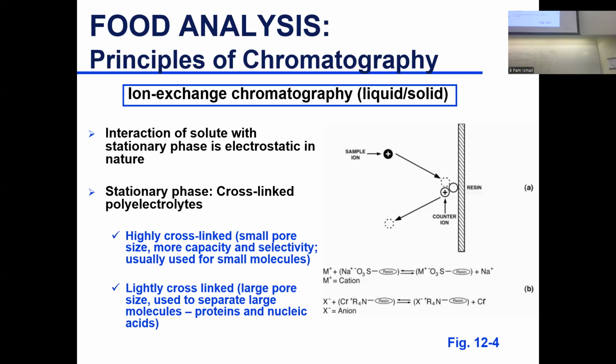All right. In cation then now, what's the charge of your stationary phase? Negative. So in cation exchange, it's the opposite. These will be positively charged, and now these are negative.